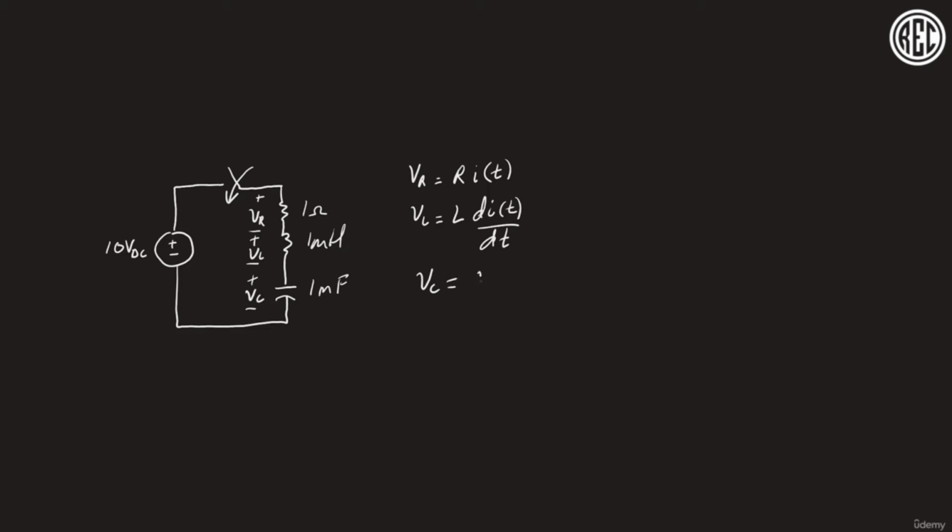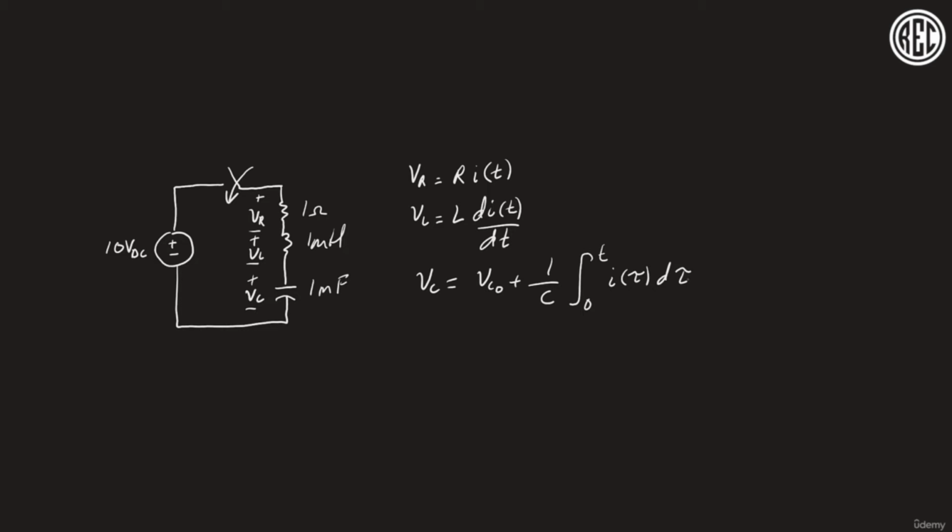So VC0, the initial voltage across the capacitor, since it matters whether or not the capacitor was charged previous to us closing that switch, plus 1 divided by the capacitance times the integral from 0 to t of the current, so I of tau d tau.